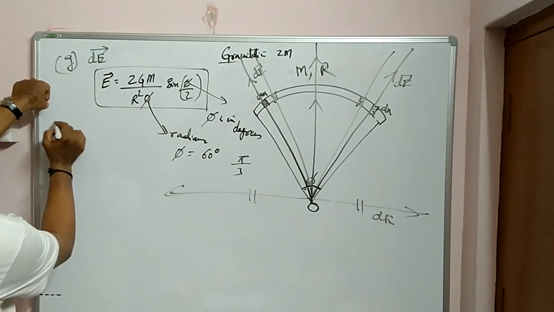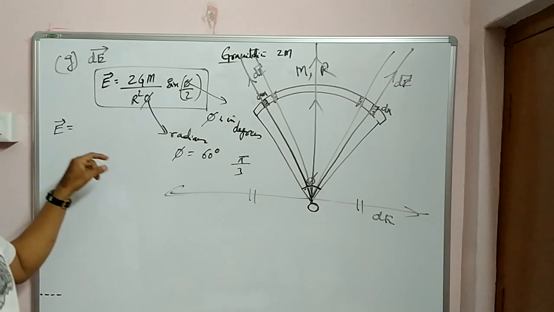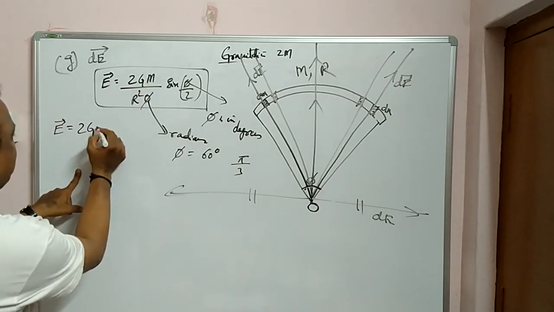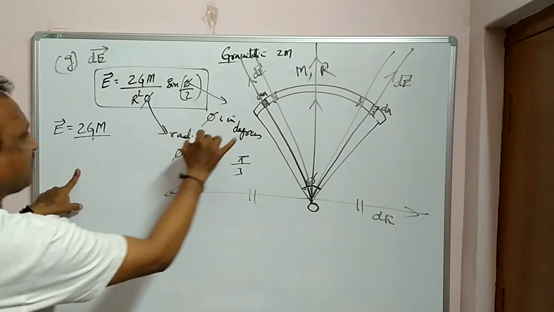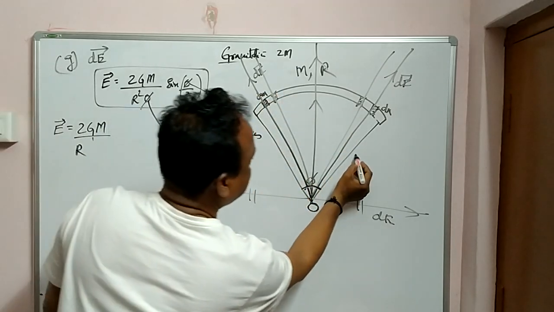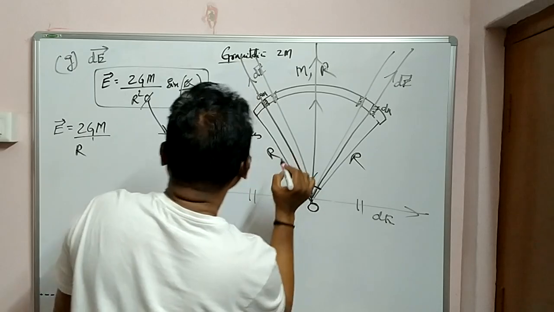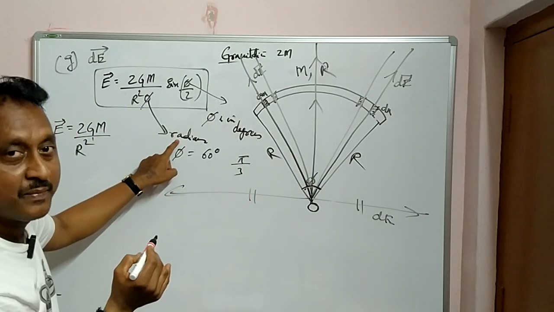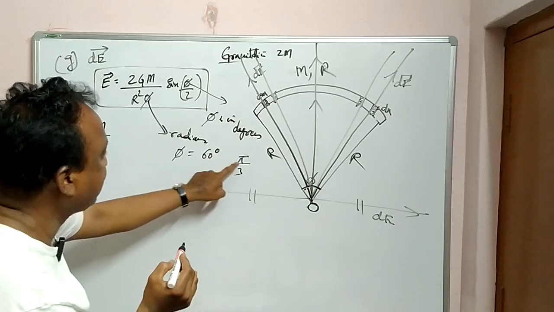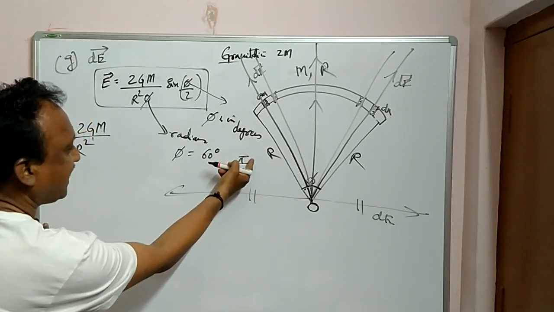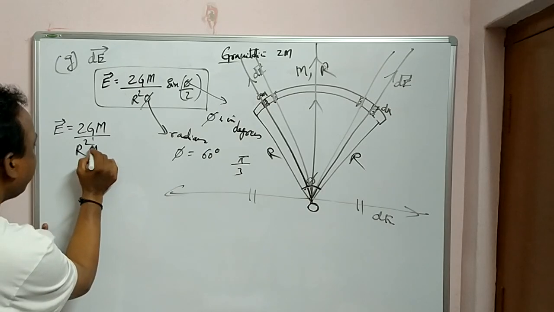For example, E bar, that is gravitational field intensity, E bar is equal to 2GM, capital M, that is the mass of the body given, by r square. R is the radius. See, R is the radius here. Okay, so r square times phi, which I said to keep in radians, 60 degrees times pi by 180, that is pi by 3.